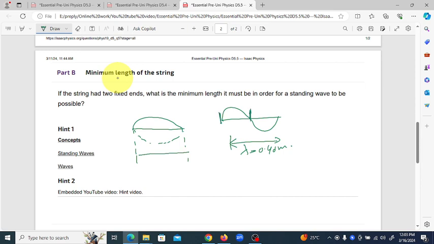This distance is half of that, lambda by 2, for the first harmonic. So L is equal to lambda over 2. Lambda is 0.40 divided by 2, we get 0.20 meter. So this is the length.